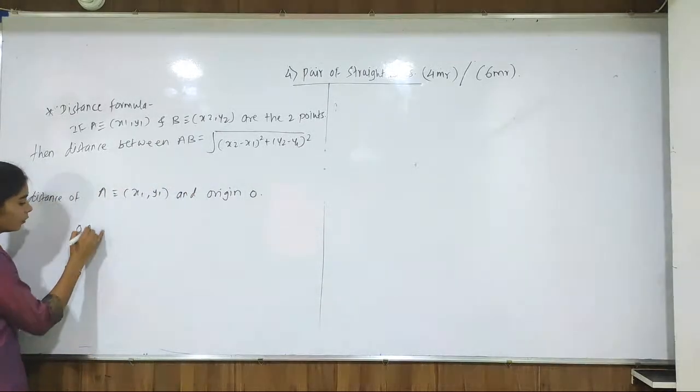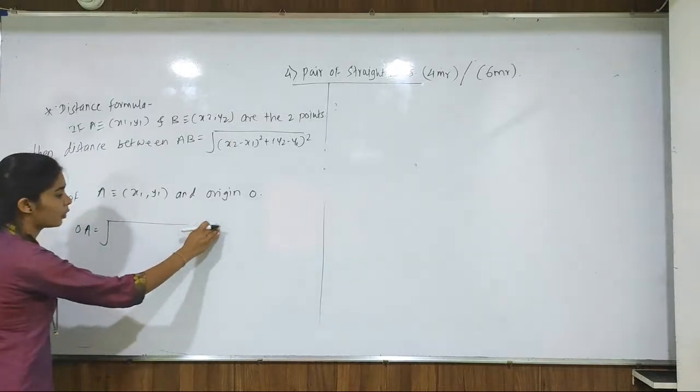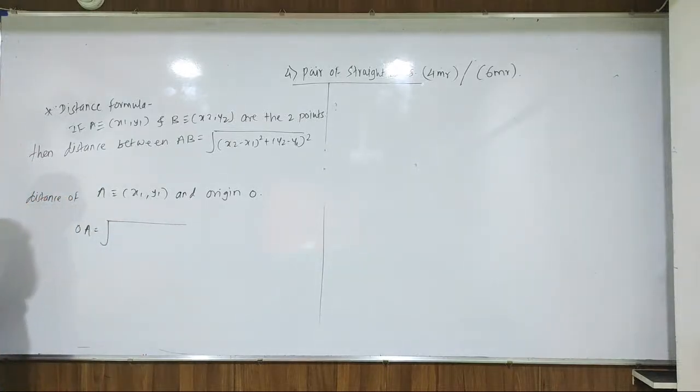So tell me the distance formula of OA. What will be the formula? We have to find the distance between origin and the point A. Then what will be the formula?